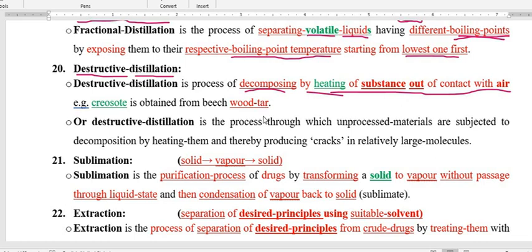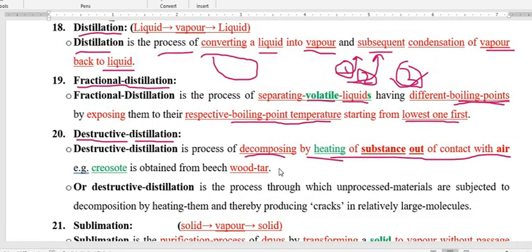Next is sublimation. This is also a process of purification, but it varies from distillation. In distillation, we convert liquid to vapor, then condense it again to liquid.